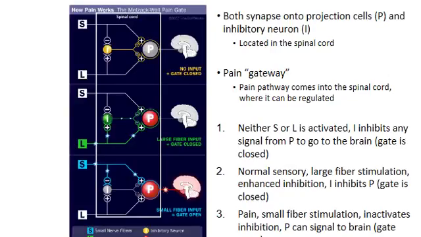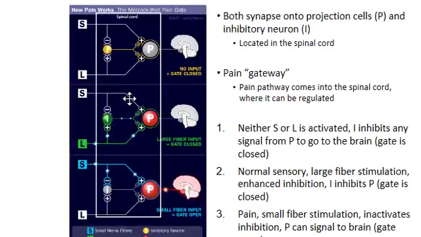So just kind of a recap, the pain gateway is located in the spinal cord, of course, highlighted in the white box here. S refers to the small nerve fibers, which are the A delta nerve fibers or the C fibers that transmit pain.